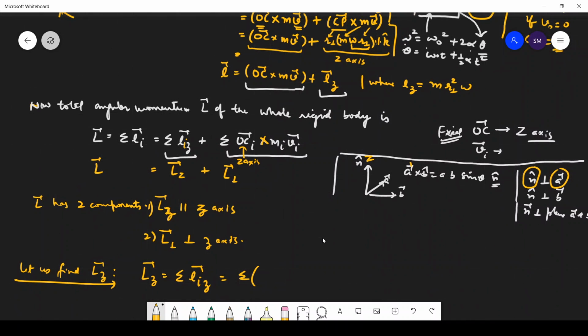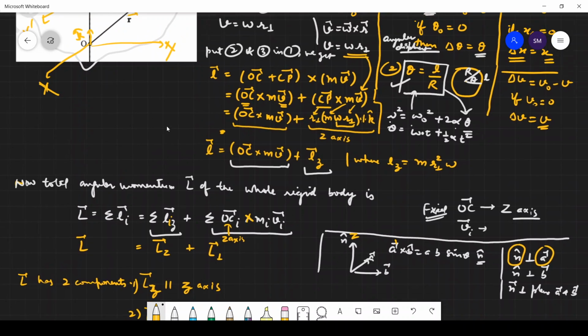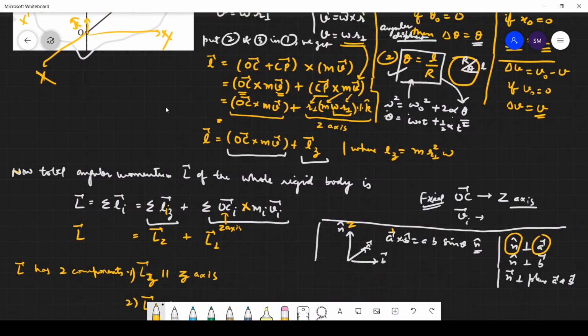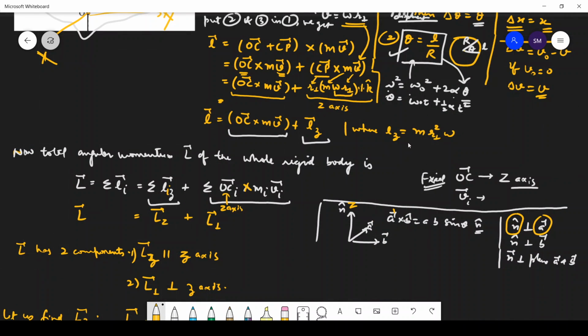LiZ is over here, so we can name this equation as equation 4. This equation, and that's, students, your LiZ.